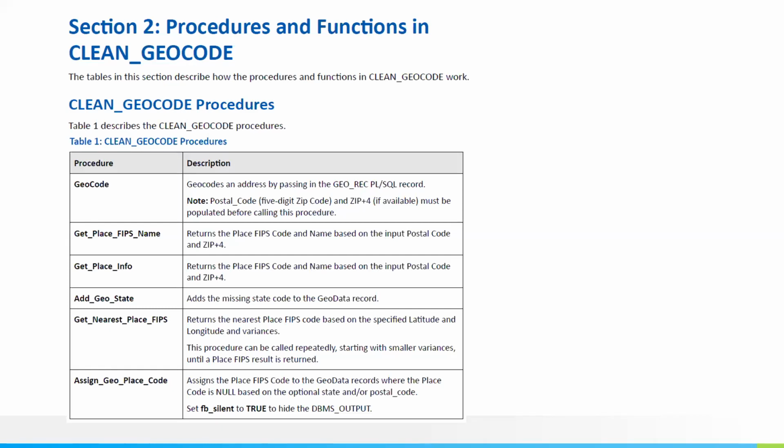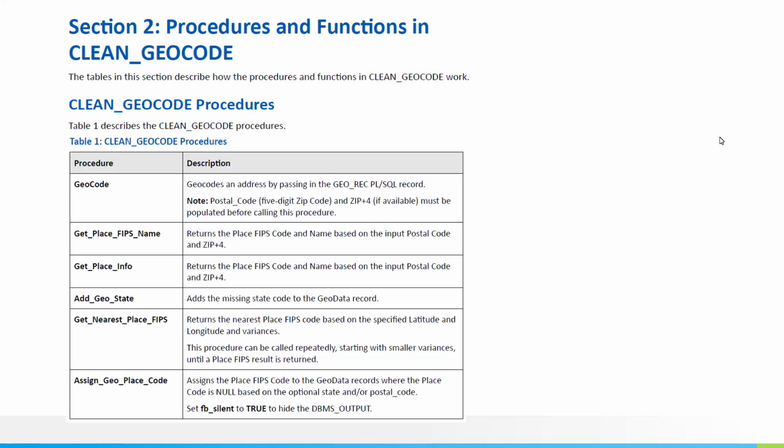The primary procedure is geocode, which you pass the zip code +4 into, and it comes back with all of the information associated with that zip +4 within the United States, the latitude, the longitude, the county code, and there's some other ancillary functions and procedures that you can do to get better data based upon the return fields that come back from the geocode.